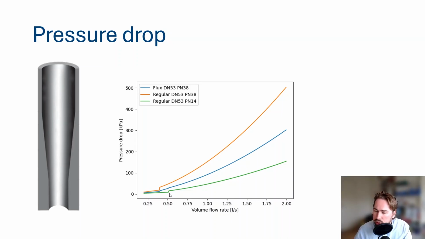Our regular PN14 will do it somewhat later, and our flux probe is somewhere in the middle, where we see that it starts at the same instance where this turbulence starts.